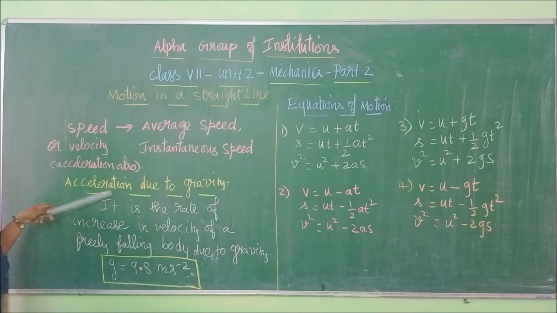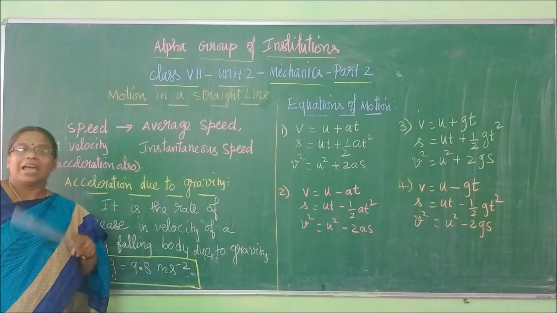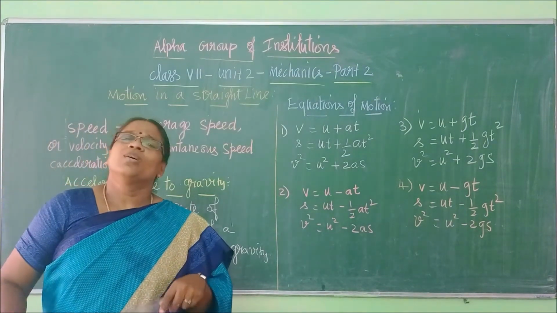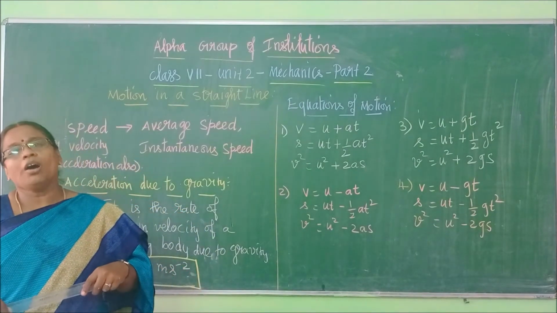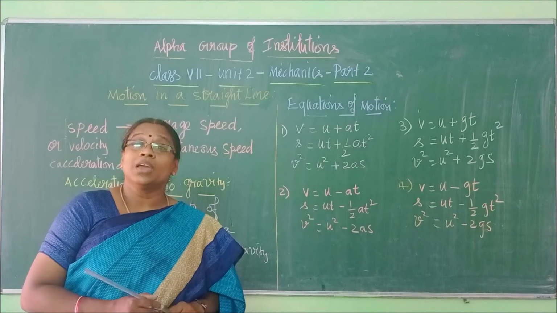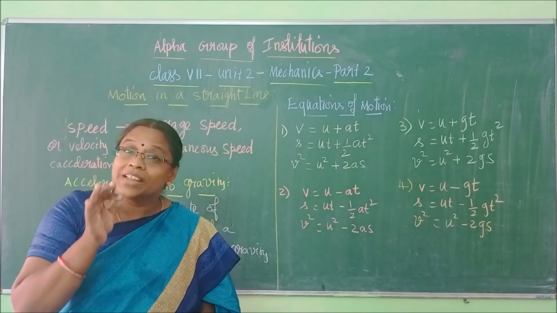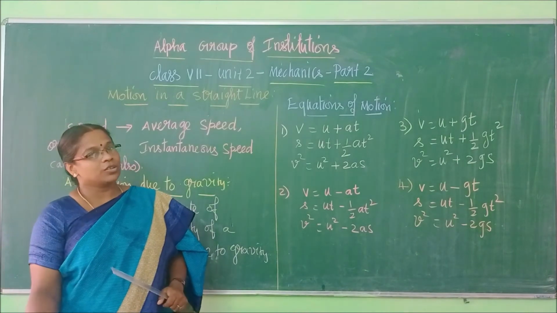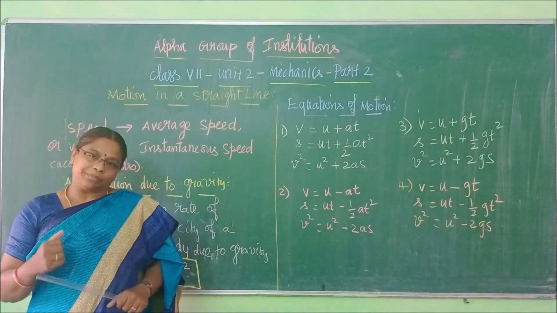See, a beautiful word: acceleration due to gravity. Acceleration I have explained already: the rate of change of velocity or speed. If that acceleration happens to be due to gravitational force, what is gravitational force? It is the force given by the earth.